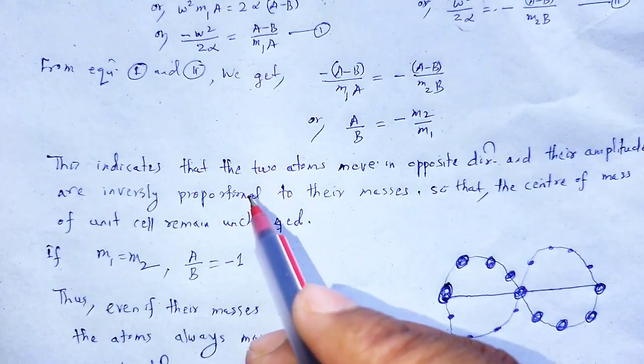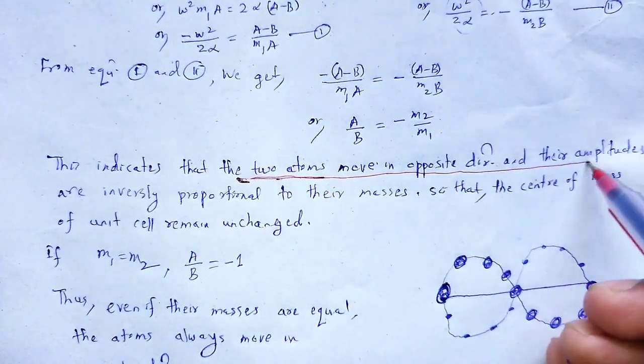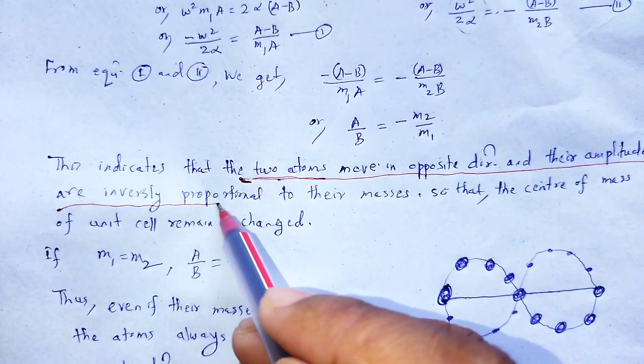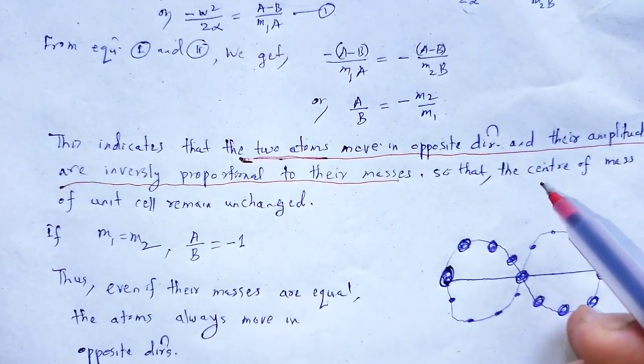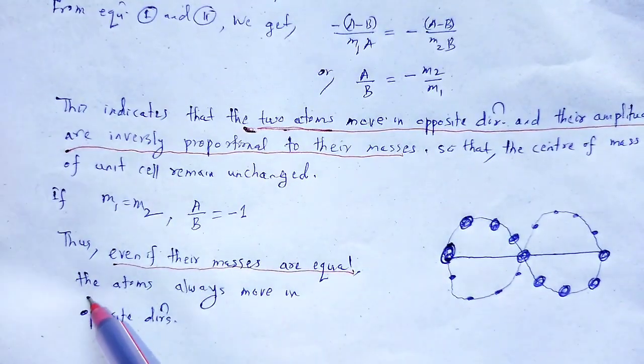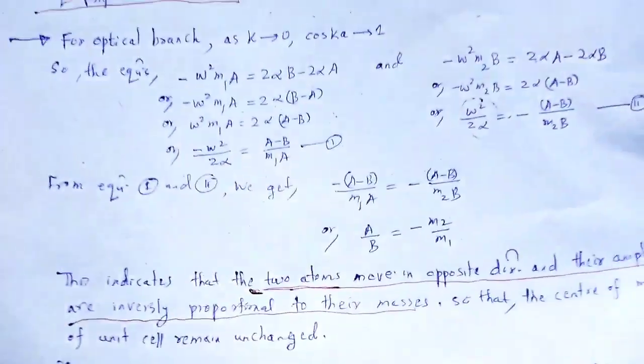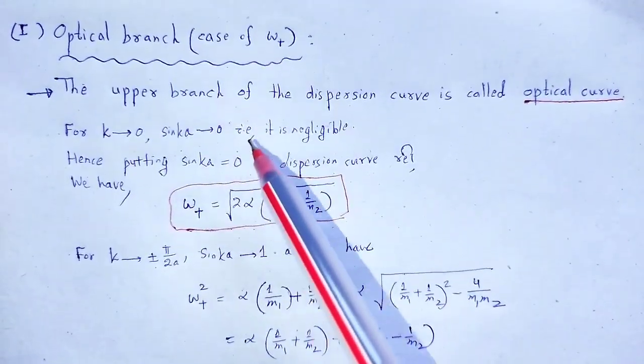From that expression we say two masses move in opposite direction and their amplitudes are inversely proportional to their masses, and in that case also their masses are equal, the atoms always move in opposite directions. These two points are for optical branches.